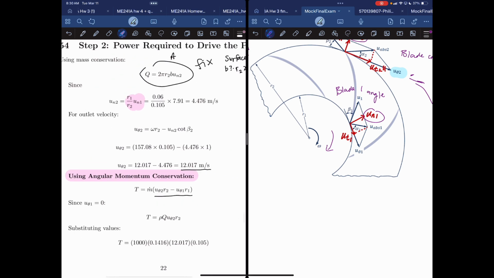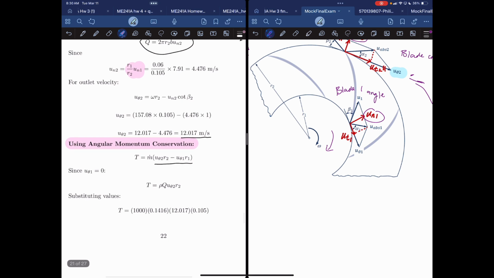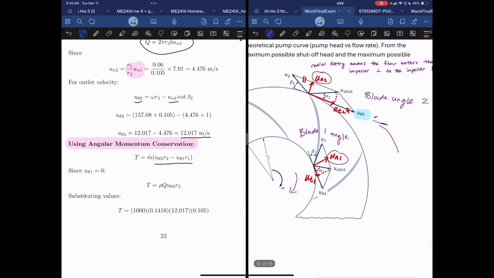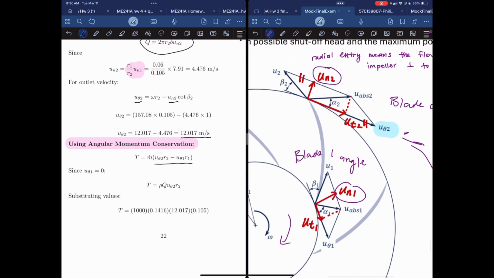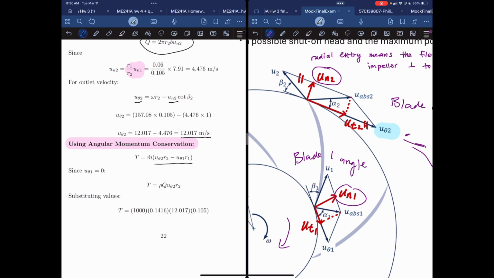And then we use the second normal for the calculation of theta 2. It's in the same velocity triangle if you want to think of it like that. I circled it already.